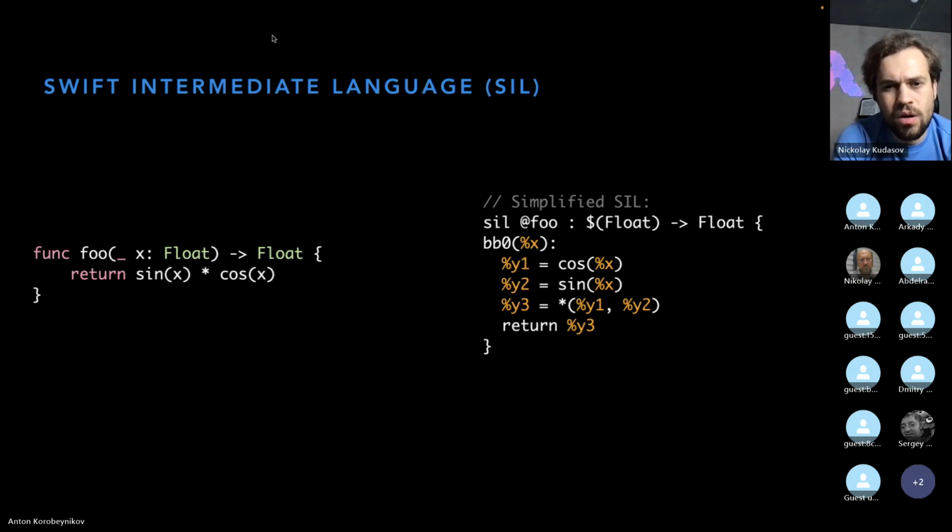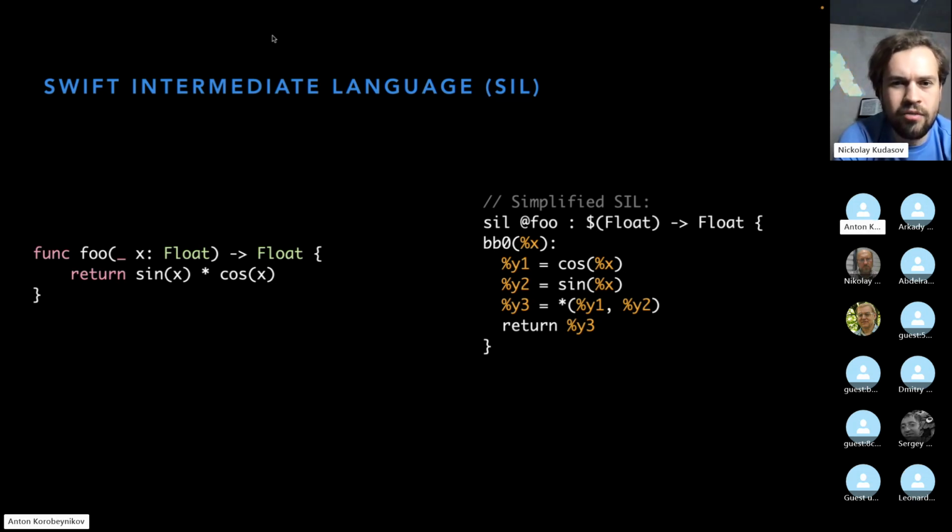Can I ask if in this Swift intermediate representation, we have functions as closures already, or if we still have them as Swift functions? Well, the answer is a little bit more elaborate. It depends.